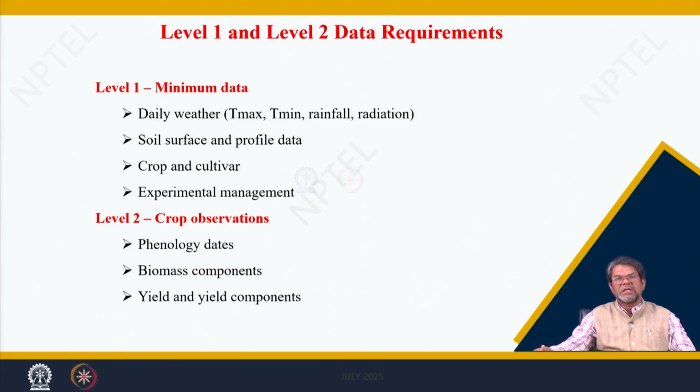So, the filled grain percentage, these are the yield components, and the grain yield; these are the inputs to the crop model for the label 2 operations. So, these are the two labels we are dealing with. Label 1, the minimum data set for the model operations, and label 2, the additional data set we put in addition to label 1 for the model performance evaluation.